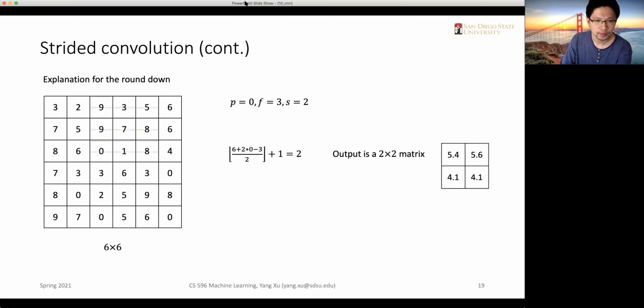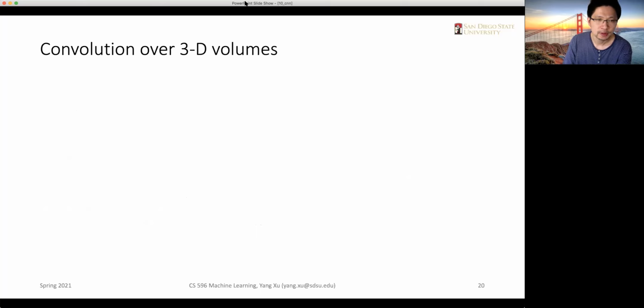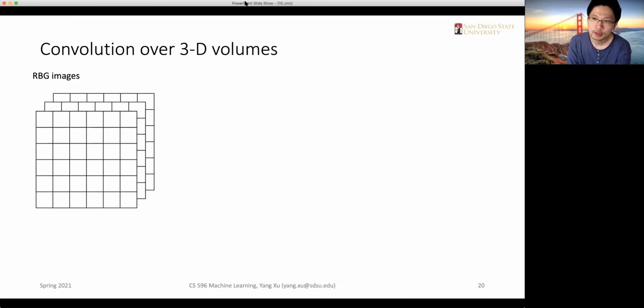Next we're gonna look at inputs that have more than one channel, more than 2 dimensions. What if we have a cube or a 3D volume as inputs? This is a particular case for input images that are in color.